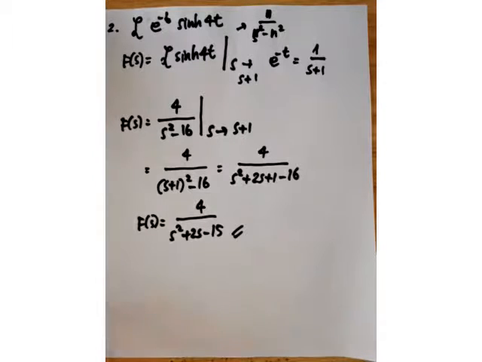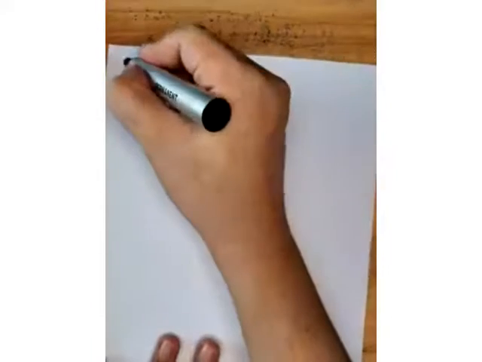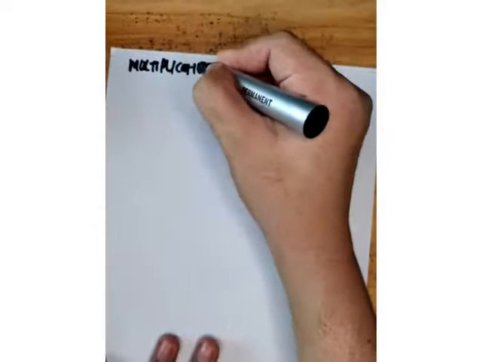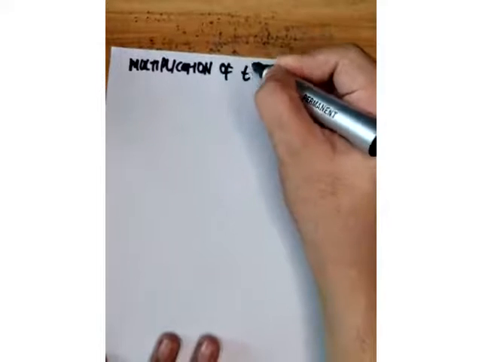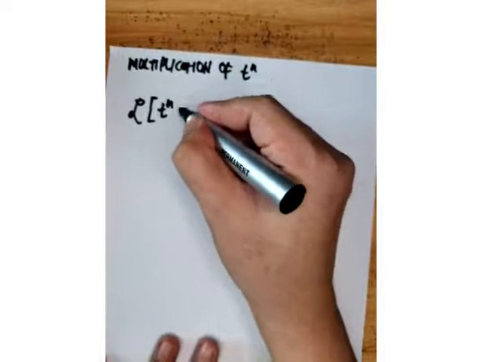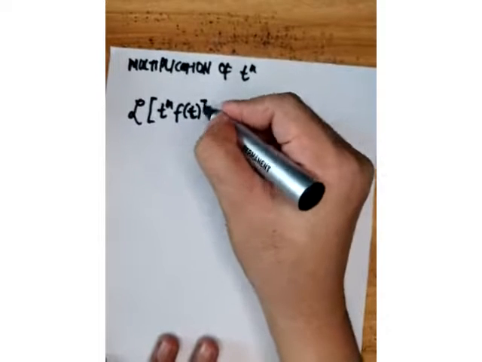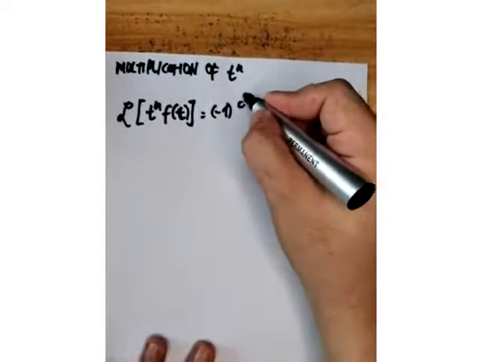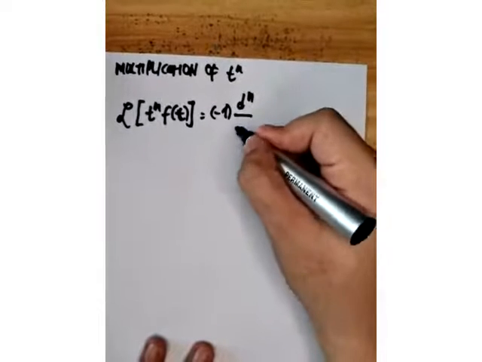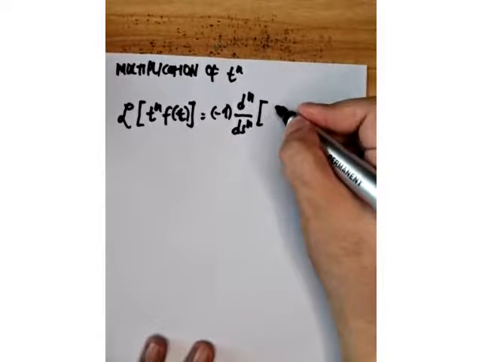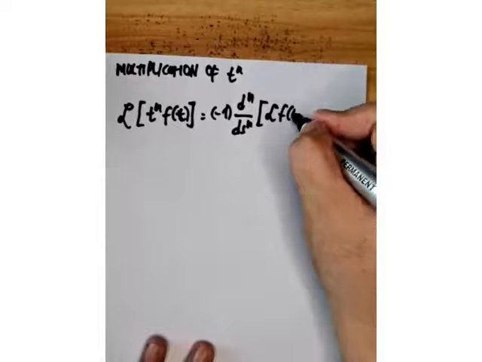So what we are Laplace transforming is the multiplication of t raised to n and our function. The formula is negative 1 times d raised to n over ds raised to n times the Laplace transform of that given function.